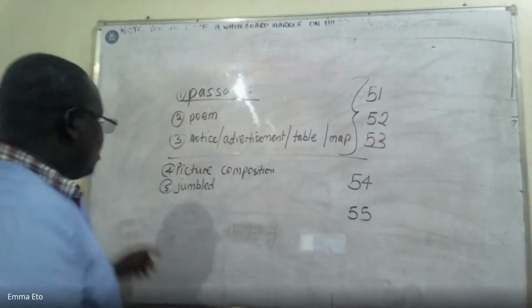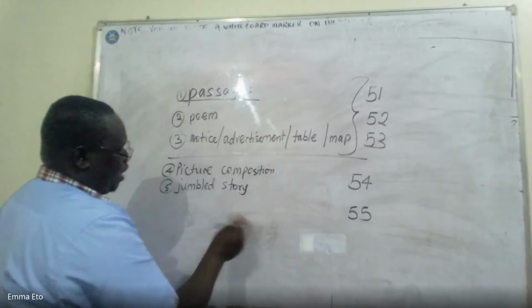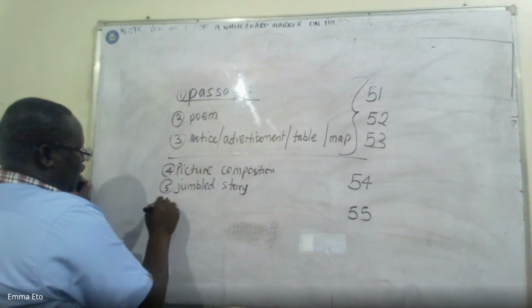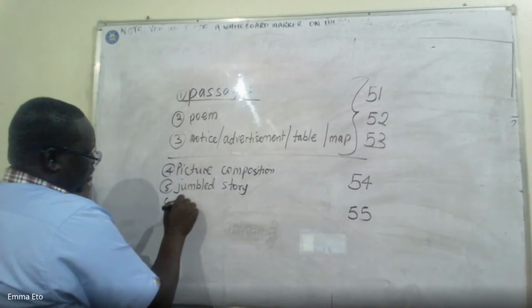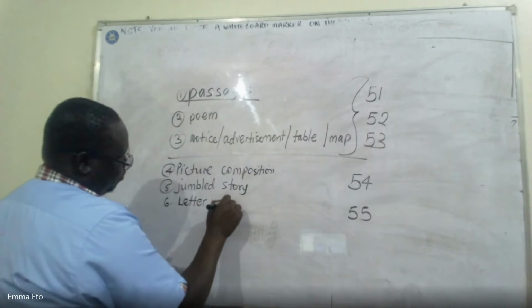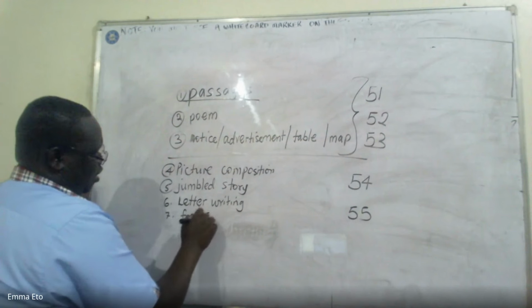Okay. Jumble story. Make sure you practice a few. Letter writing, both formal and informal. And then free composition writing.